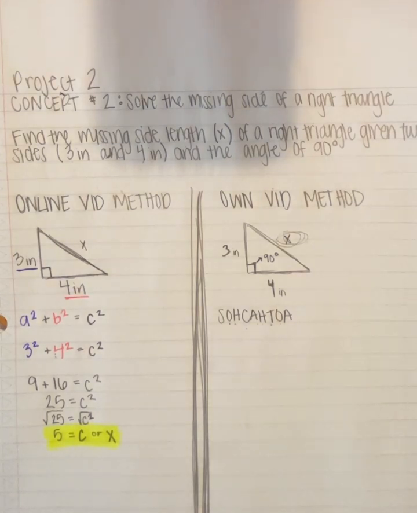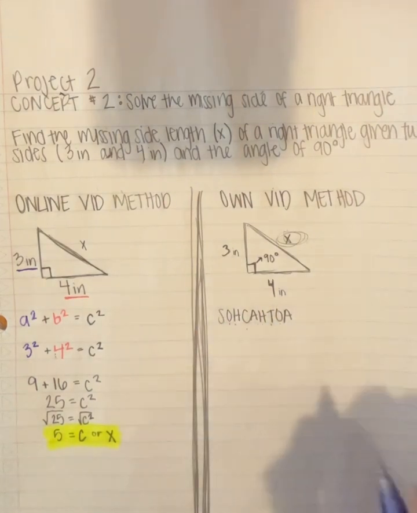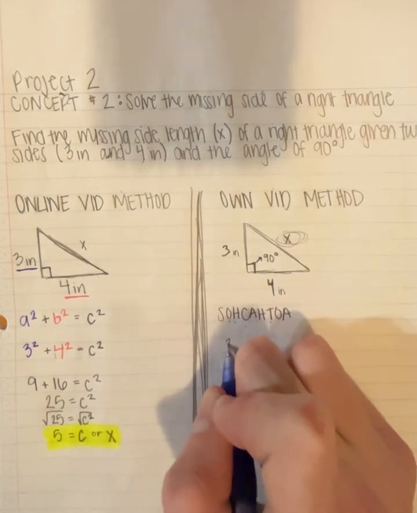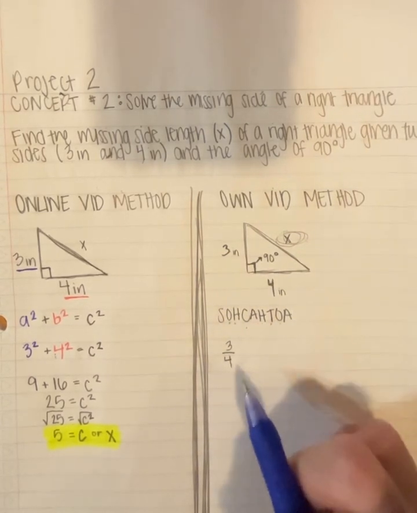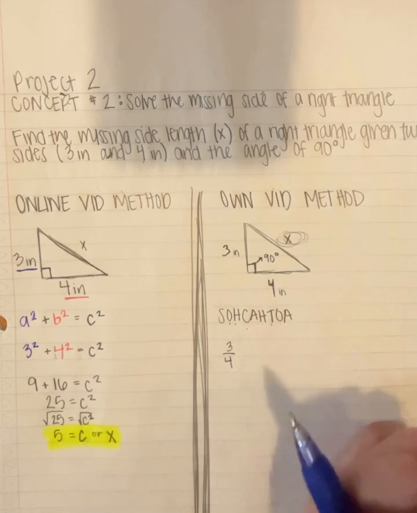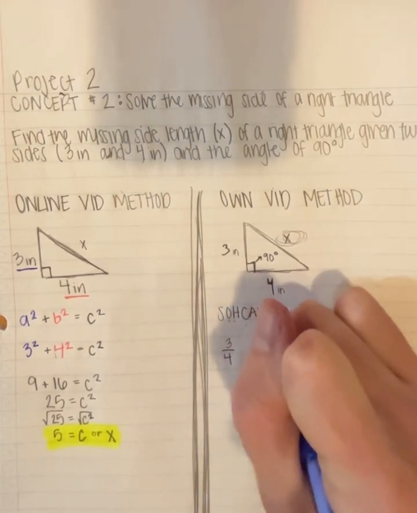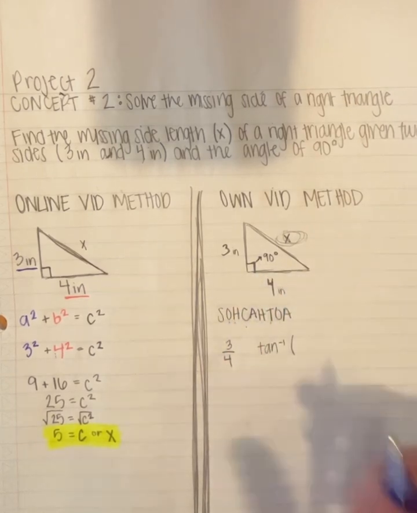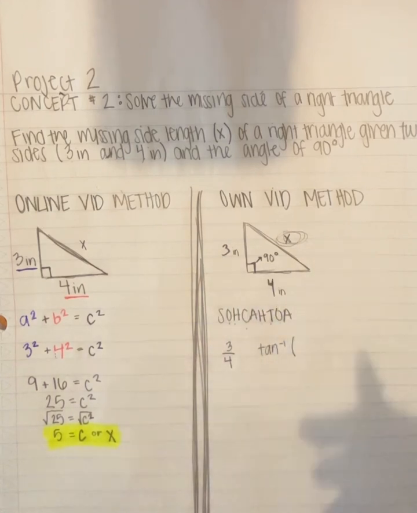The first thing I want to do is take my two side lengths that I've already been given and divide them over each other. Now with this 3/4, I need to take the inverse of tangent, and that's going to give me the angle in between these two side lengths.